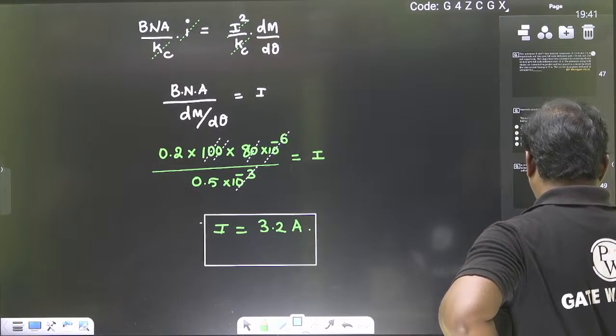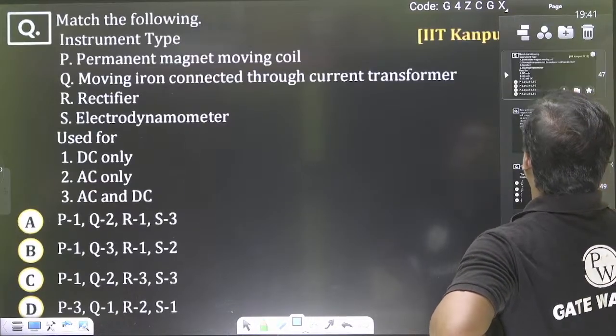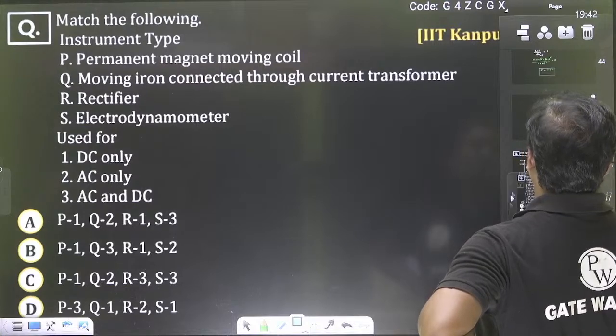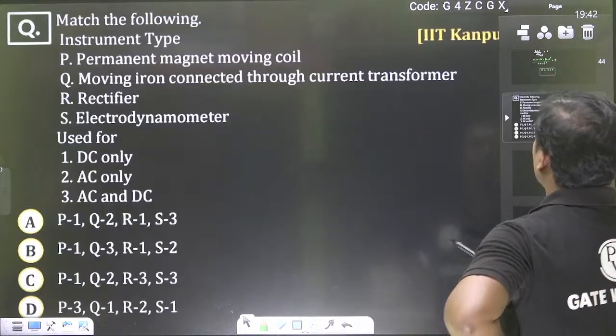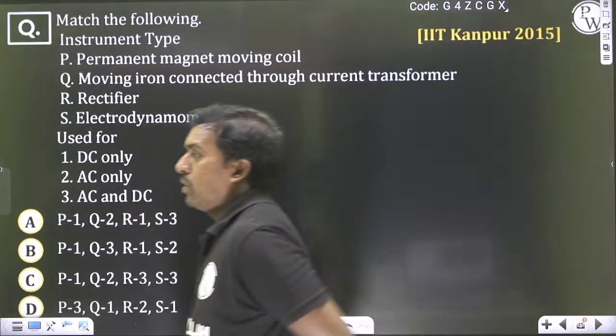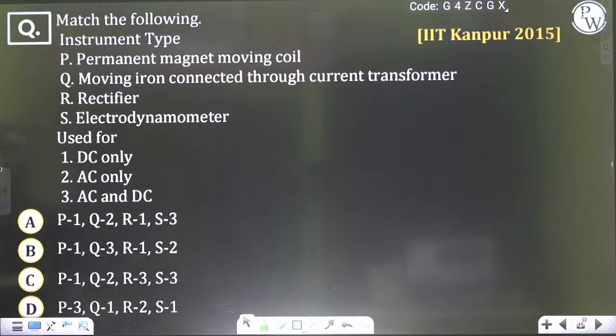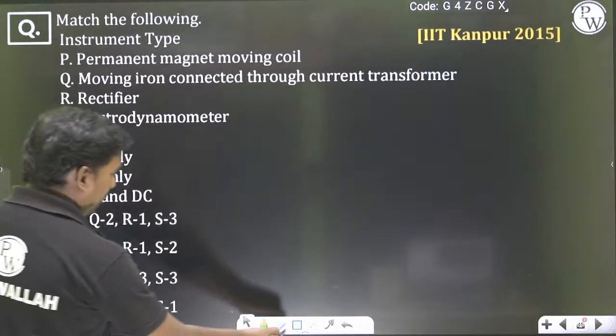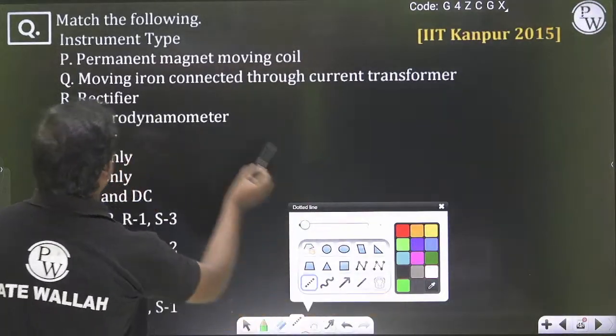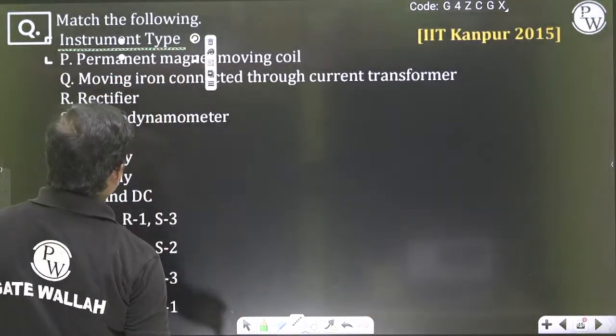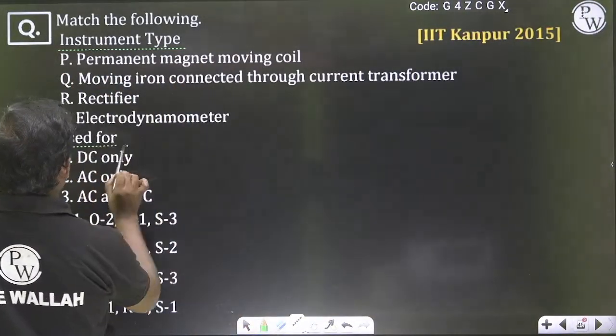Try to answer this question. Looks simple, but you should have some common sense. Match the following as given. Option A, permanent magnet moving coil, sorry, P. So this is the instrument type he has mentioned, and this is what it is used for.